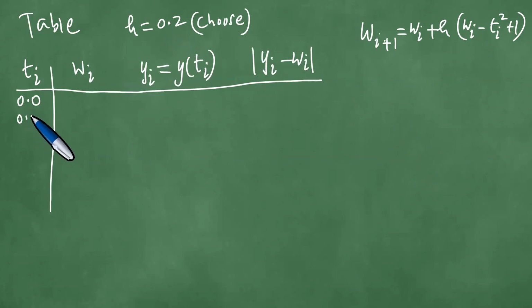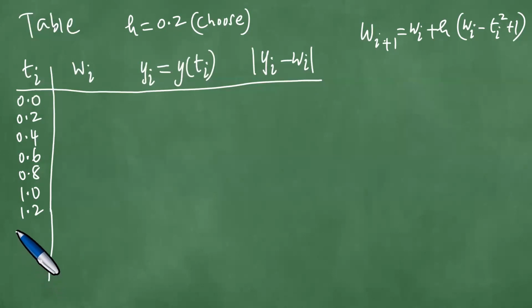So obviously, with this said, if we use this one, it's going to be 0.2 here. It's going to be 0.4, 0.6, 0.8, 1.0, 1.2, right, and then 1.4, 1.6, 1.8, 2.0.